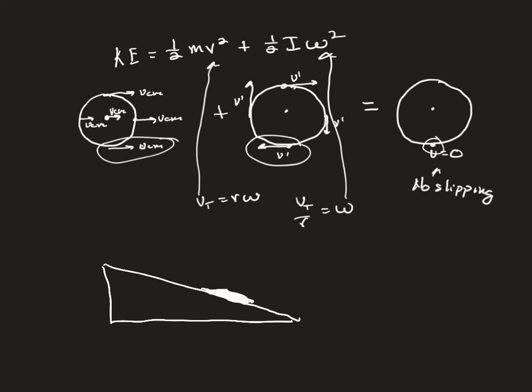As the object actually hits this spot here, you end up with a component of the force normal from this bunched up material that does not go through the center of mass and therefore is not parallel to the lever arm, and so it actually exerts a torque and slows down the rotation of the object. So for that reason, we're going to be assuming that our surfaces are smooth and aren't going to have material on them that's going to bunch up and cause the force normal to exert a torque on the rotating object.